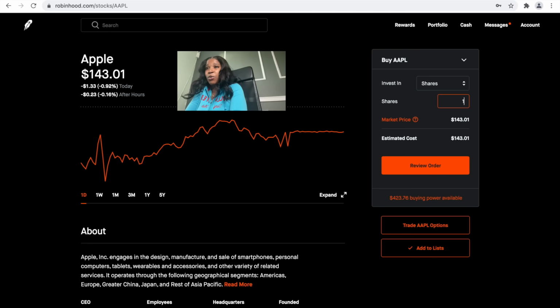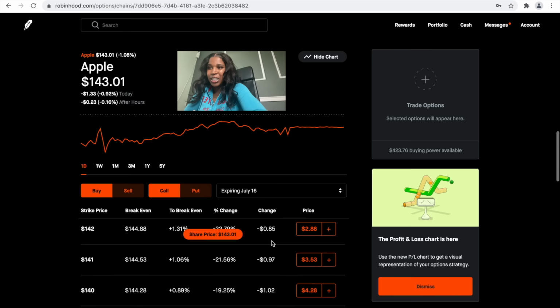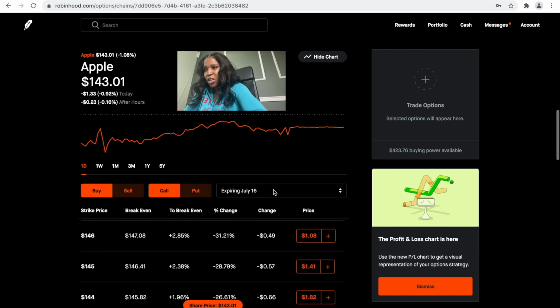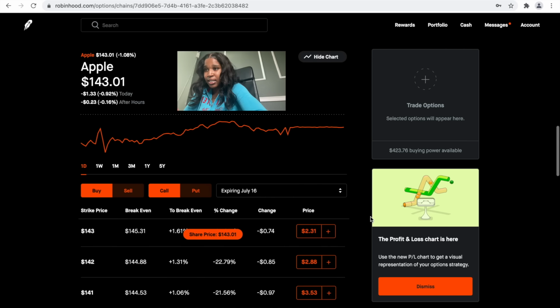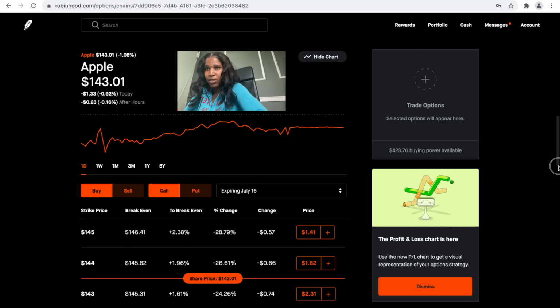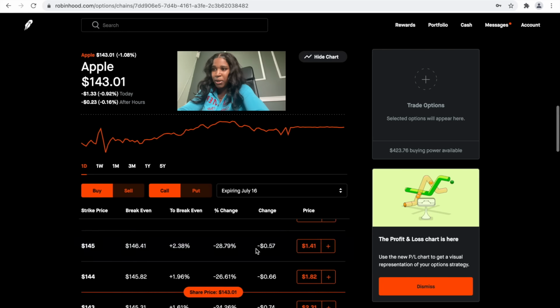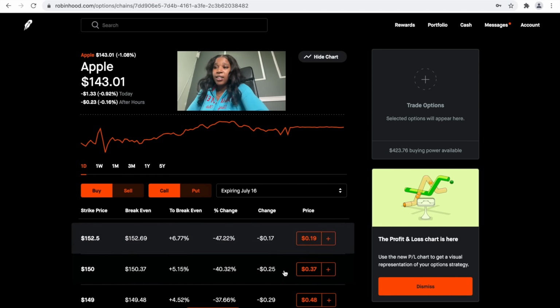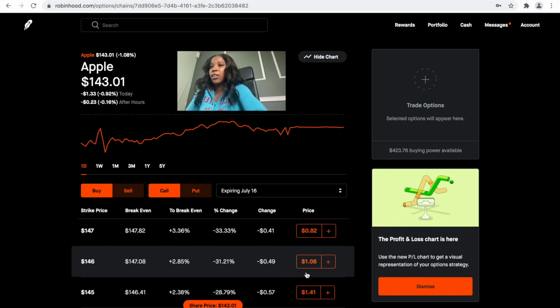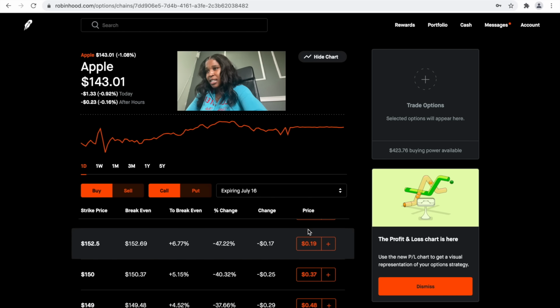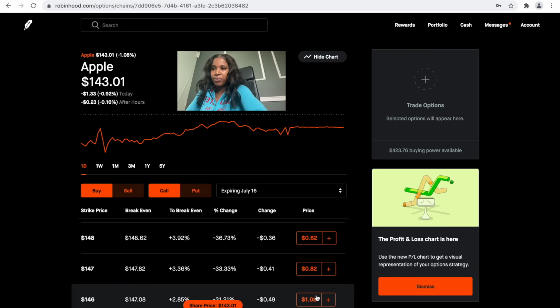But if you wanted to do options, you would be able to buy it for as cheap as, if you can see down here, 19 cents per share, $1 per share. And I'm going to explain why that works and how that works.